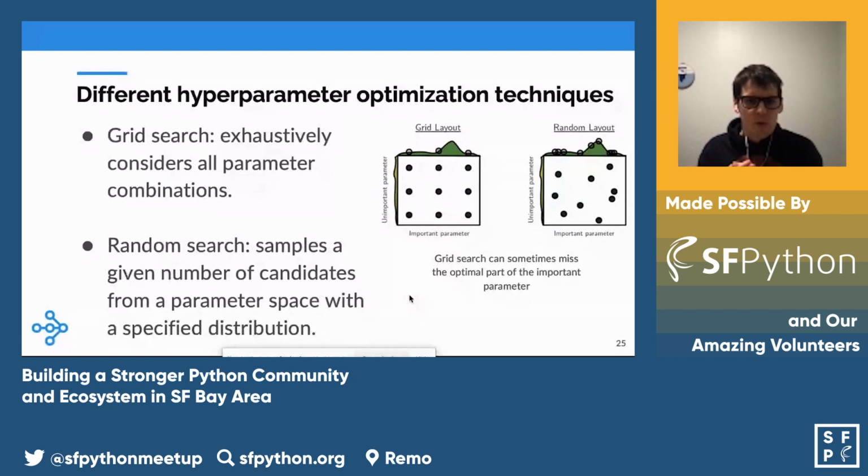You don't go through the entire list, basically, from a parameter space with a specified distribution. One interesting thing about this is grid search can often miss the optimal part of the important parameter. This has to do with random search looking over a distribution and a lot of different things, but it's just something to mention.